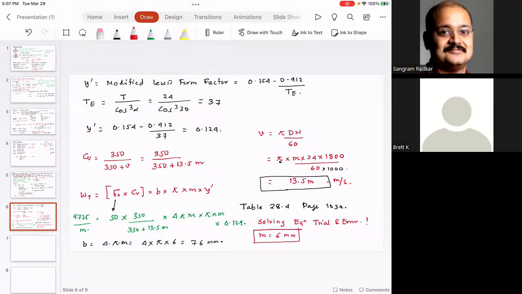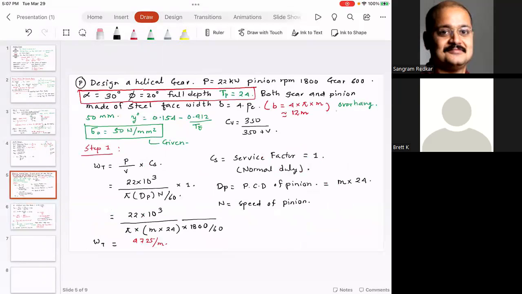This is meters per minute, because in this problem they give us the value of CV here, and in this equation V is meters per minute.